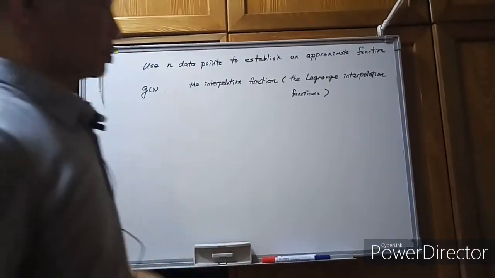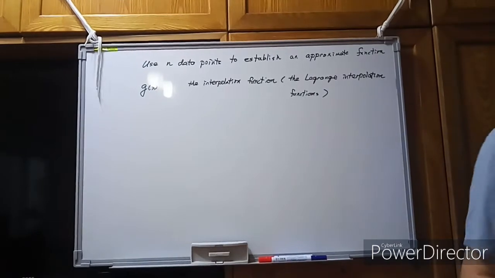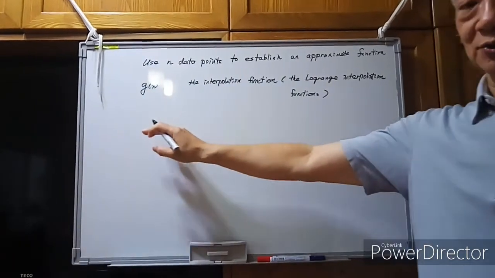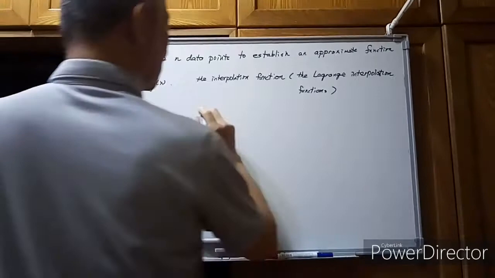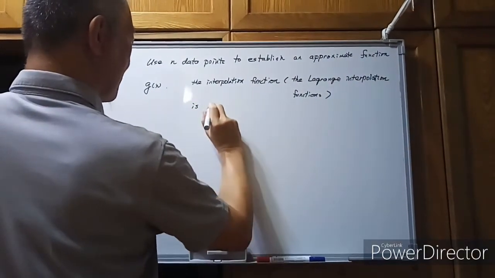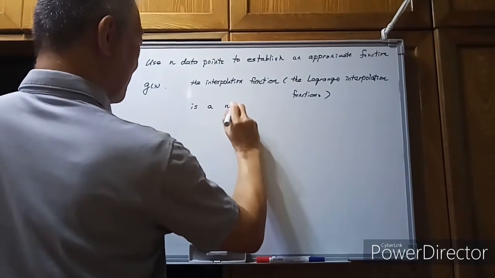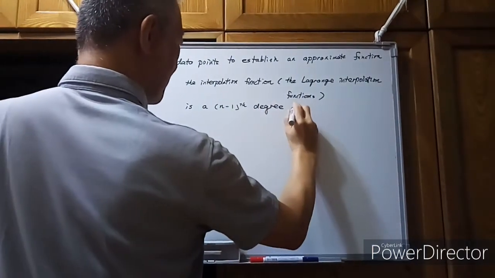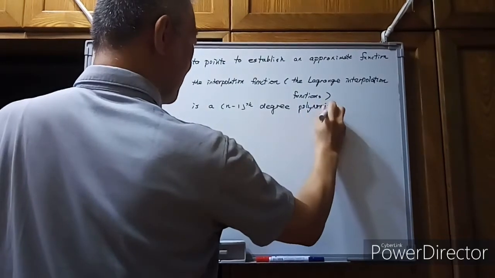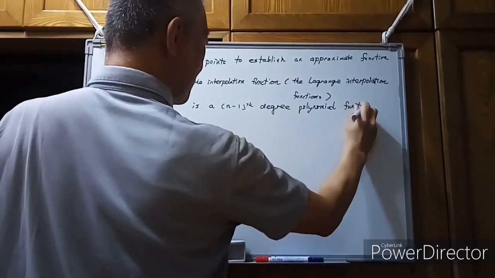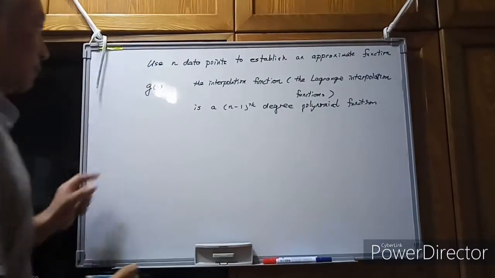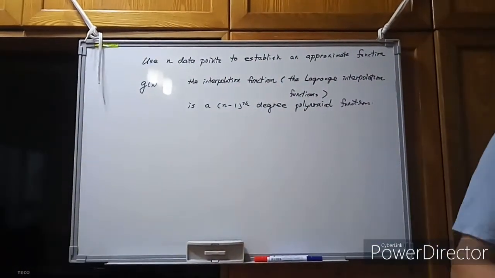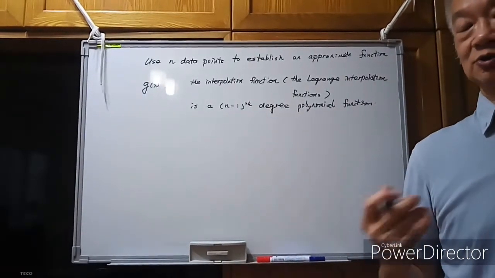We use a similar procedure to establish the interpolation function g of x, which is also a polynomial function, and these procedures are exactly the same as Simpson's rule or the trapezoidal rule.